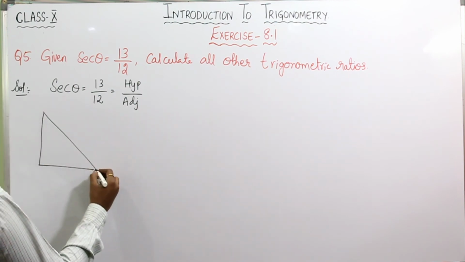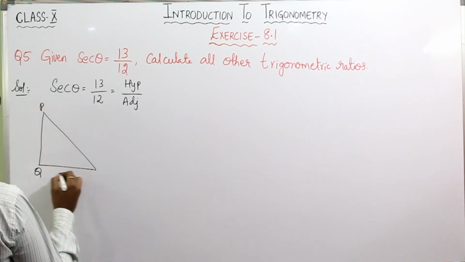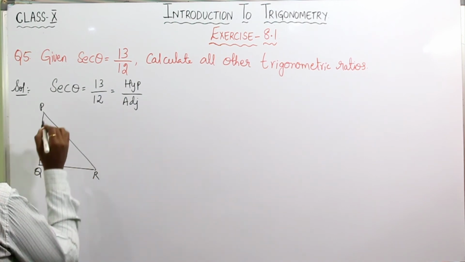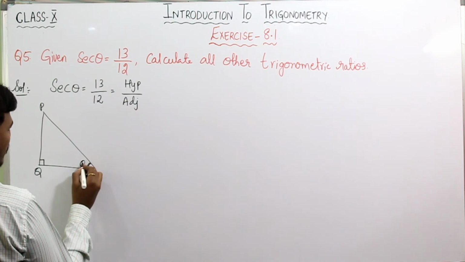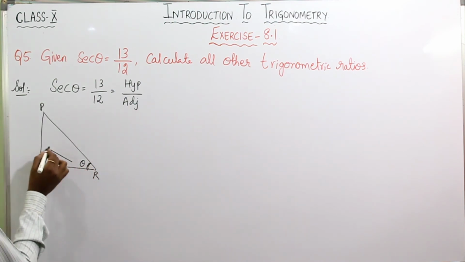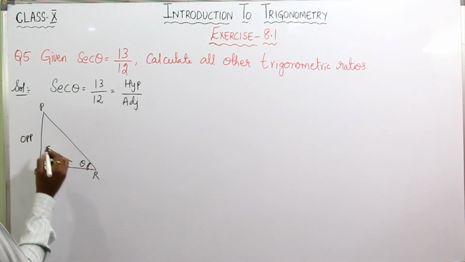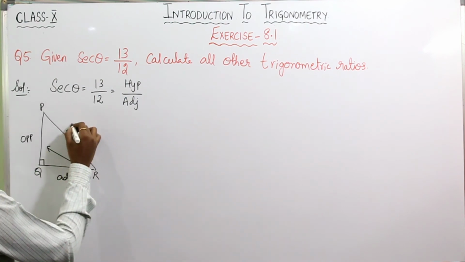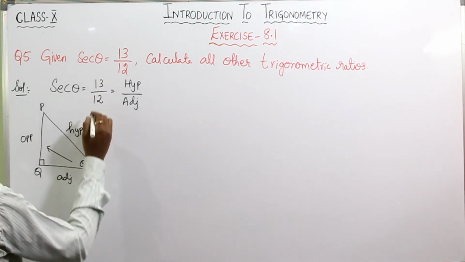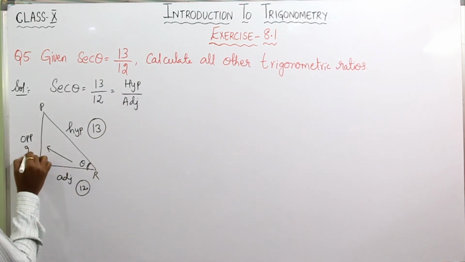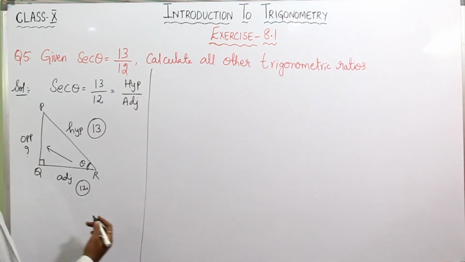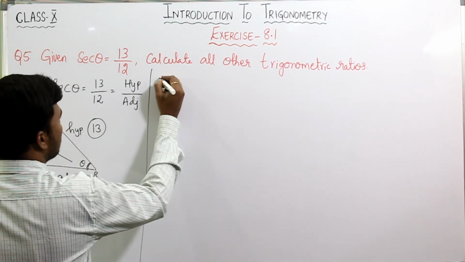You can name it anything because it is not specified. So PQR. Theta can also be taken from anywhere because it is specified only as theta. So I am considering it at the point R. Then this will become the opposite side, this the adjacent side, and this the hypotenuse. So we have the hypotenuse as 13 and the adjacent side as 12. We need to find PQ, which is the one more side.